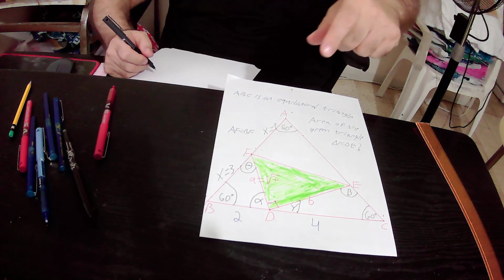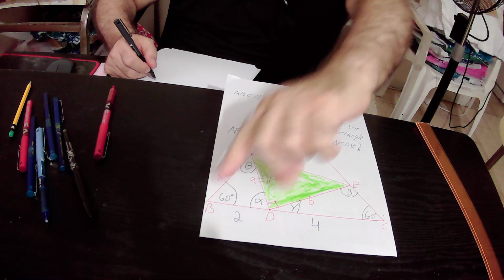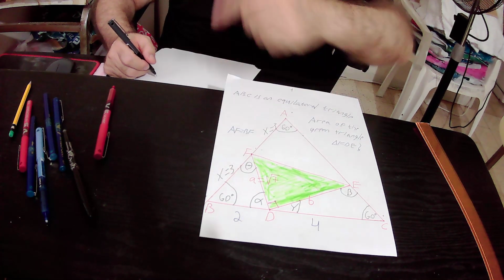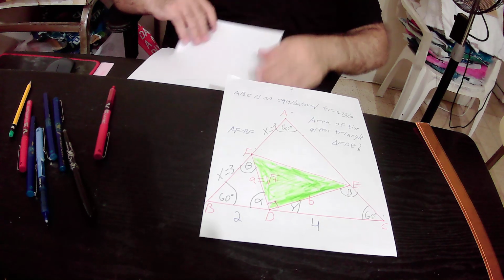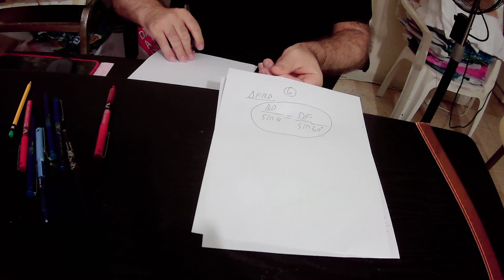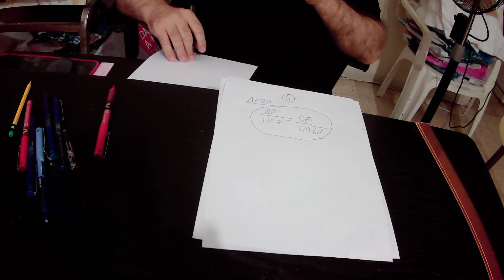Again, according to the law of sines, BD over sine theta equals DF over sine 60 degrees. Okay, that is the implementation of the law of sines in triangle BFD.